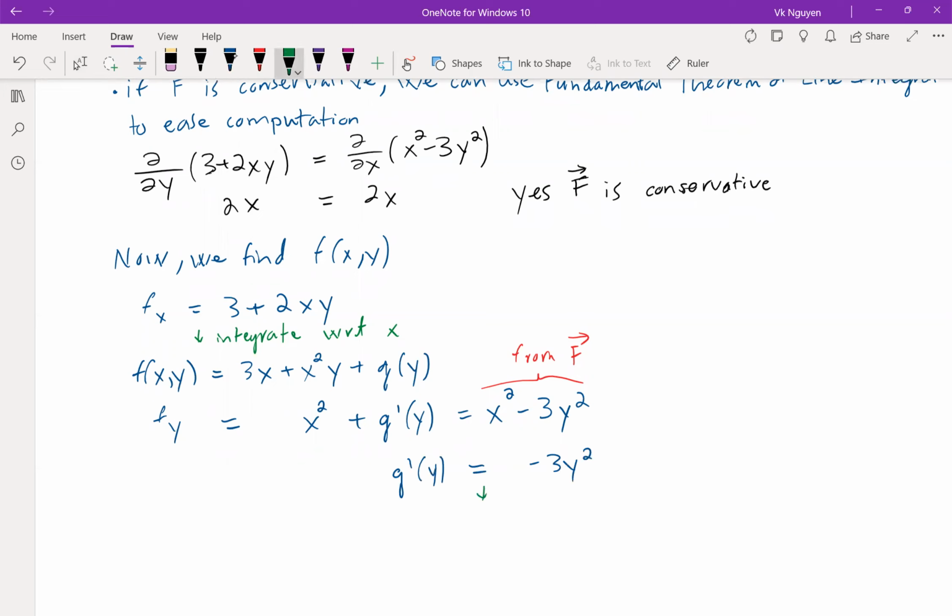Integrate with respect to y. g of y is negative y cubed. It is not necessary to do the plus c here, right?